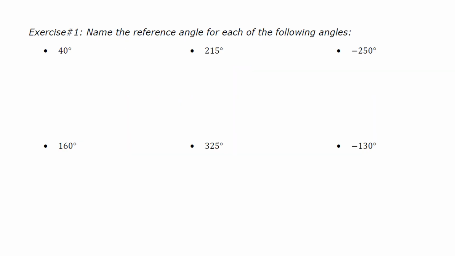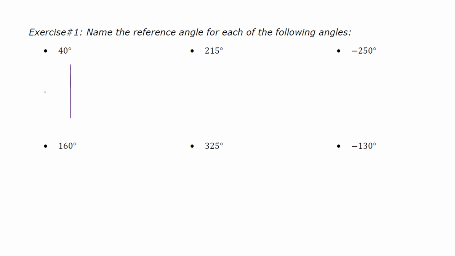In our first example, we're asked to name the reference angle for each of the following angles. For each of these angles, I'm first going to identify what quadrant they land in and then identify the reference angle. In our first one, we have a 40-degree angle.